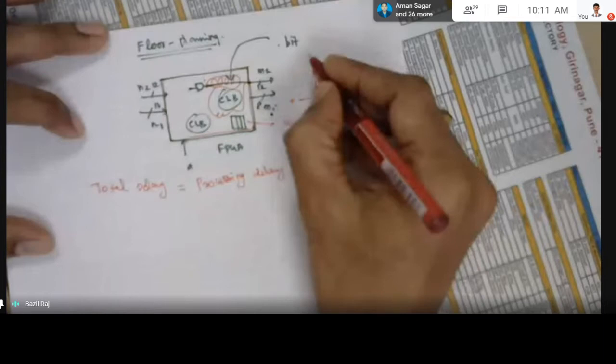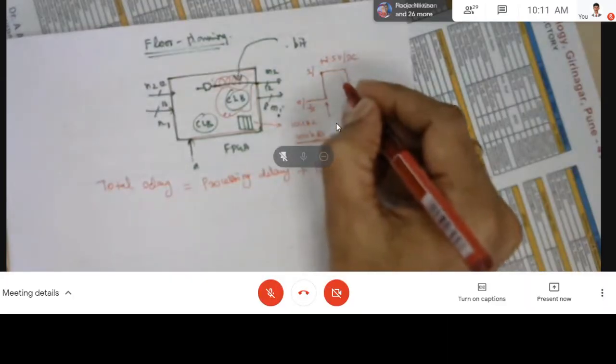Suppose this is your input pin A. I am taking this logical input from 0 to 1, in the sense I am switching from ground to some voltage, some magnitude, maybe 5 volts or 7 volts or 1.3 volts or 2.5 volts. That means the voltage level goes from ground to some voltage, correct, no? But if you look at this waveform, the voltage level goes from 0 to 1 or 0 to 2.5 volts in no time, in 0 second, right, no? But is it possible? No such action is possible in real time.